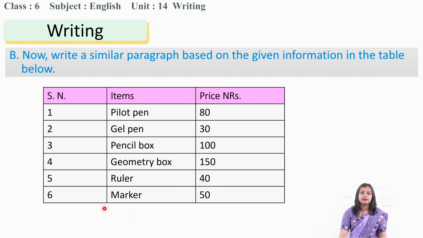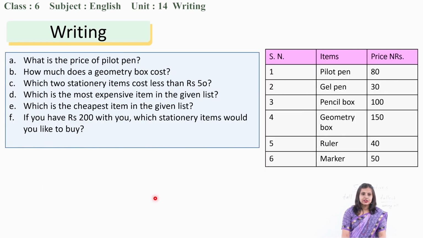Likewise, you have marker. How much does marker cost? 50 rupees. If you have to buy a marker, how much you have to pay? Yes, 50 rupees.